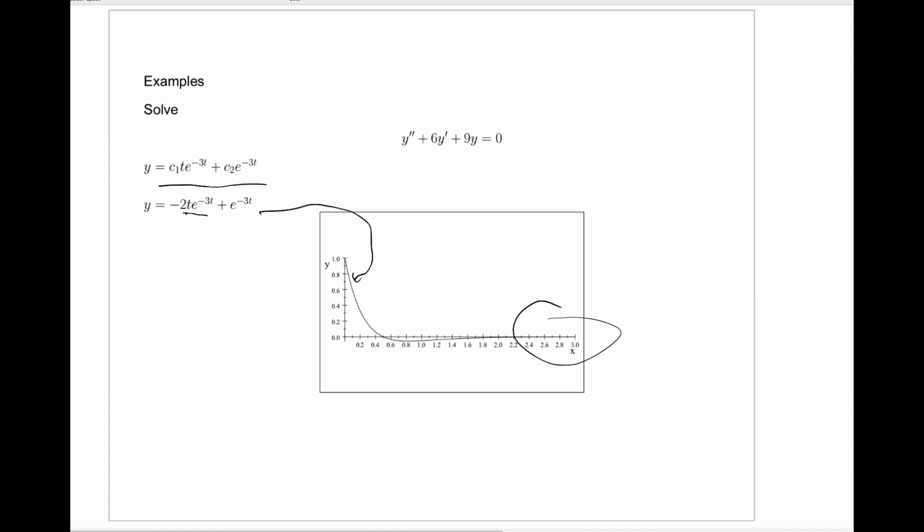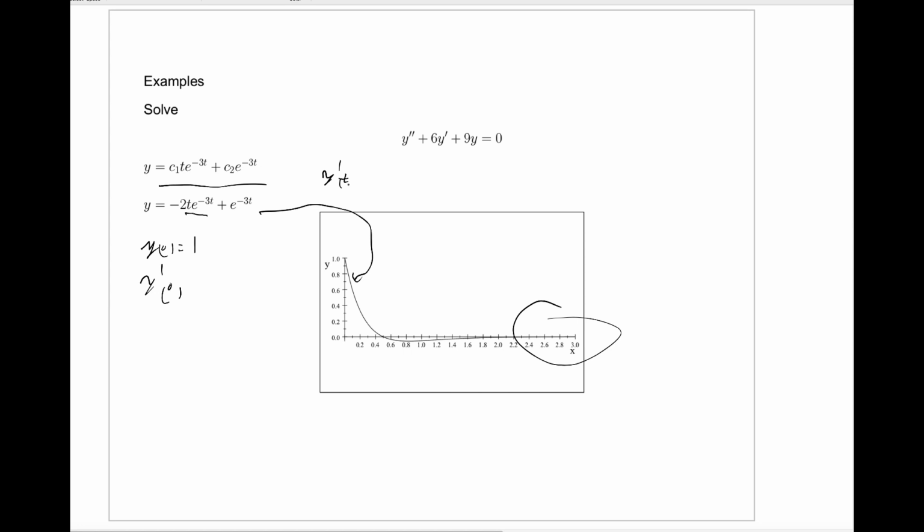Before that, however, depending on the values of these constants, you can have something like this, where the solution starts positive. We've chosen this solution so that y of 0 equals 1, and y prime of 0, what is y prime of 0? Let's check here.